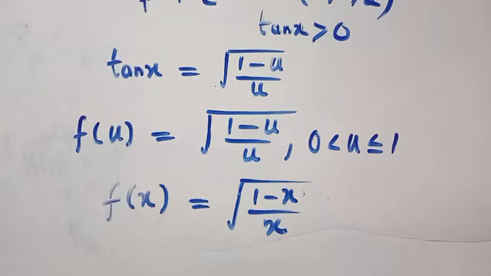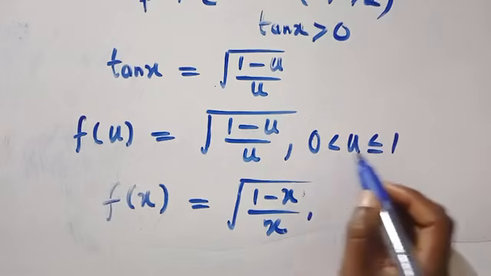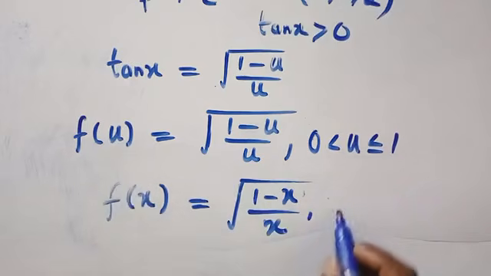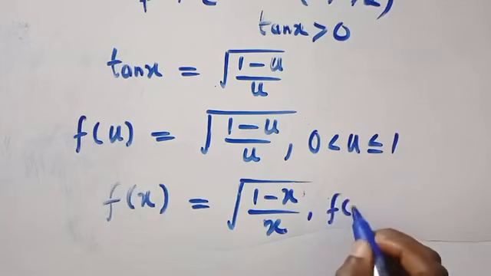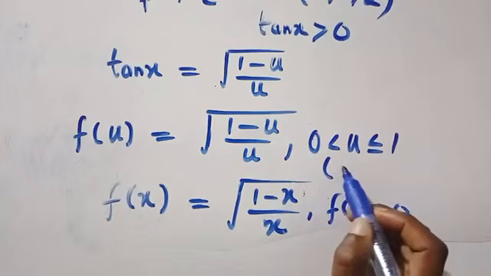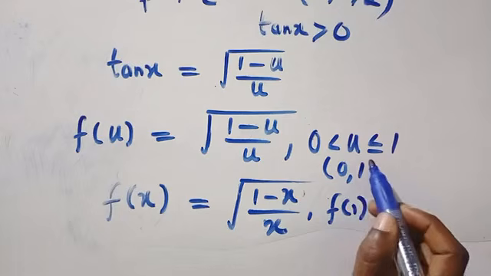And similarly here, since we are considering f of 1 to be part of this domain, f of 1 will always be equal to 0. And in another interval here, we have 0, 1.